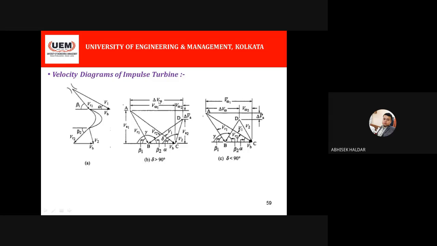Velocity of wheel. VW1 means velocity of wheel at inlet, VW2 means velocity of wheel at the outlet, and delta VW means the total difference in velocity of wheel. It is coming from the difference in the tangential components.